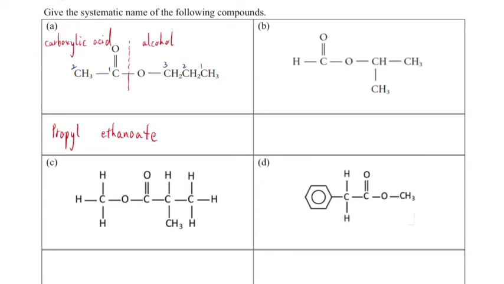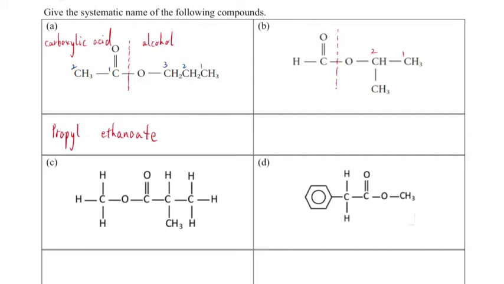Okay, and for the second example, again we break it into 2 parts. On the right hand side, it comes from the alcohol. So let's find out how many carbons are on the longest chain. We've got 1 and 2.